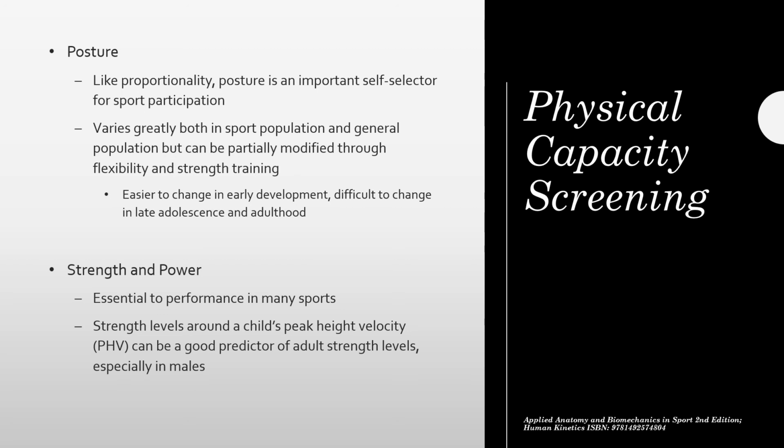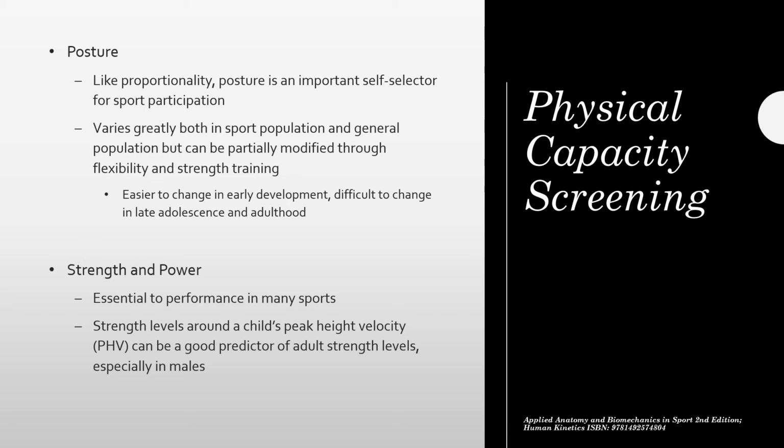Next, we'll look at things like posture. So when we look at posture, kind of like proportionality, it's going to be an important self-selection factor for sports participation. It's going to vary greatly both in the sport population and in the general population, but it can be partially modified through flexibility and strength training.